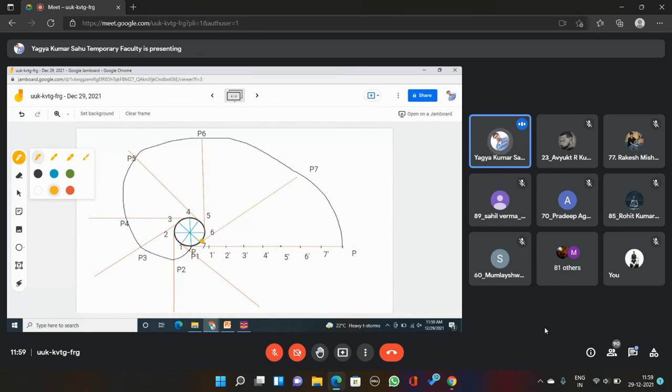So for this, this will be P7, this one P6 dash, then this one P4 dash radius, okay, then P3 dash, whatever it is, P5, P4, P7, okay.